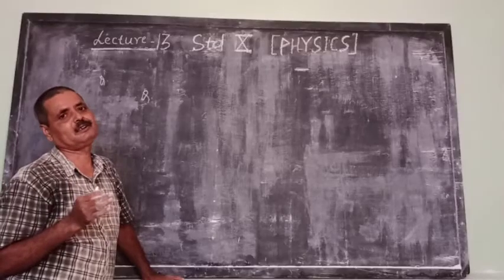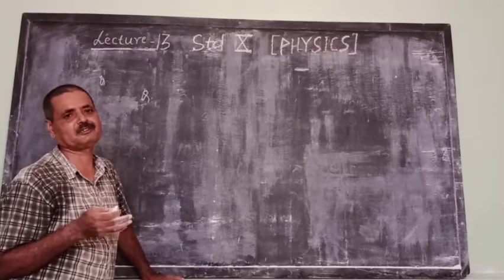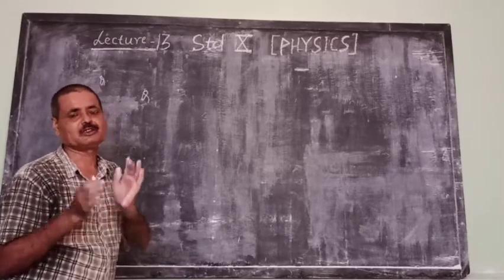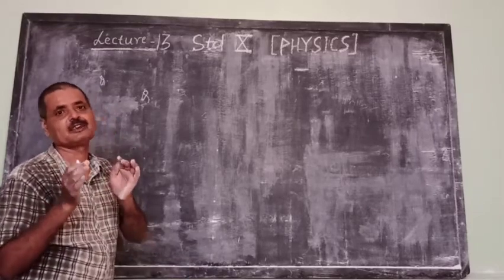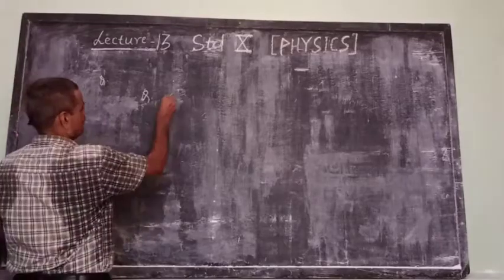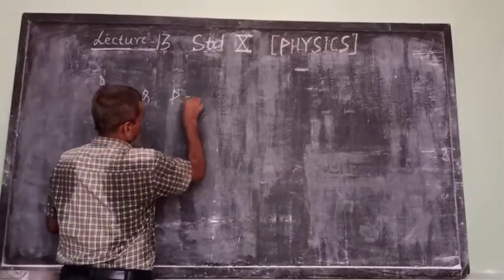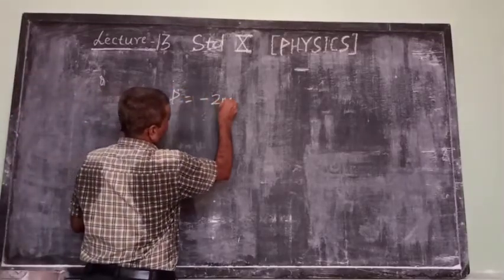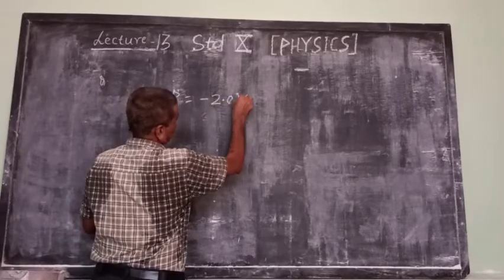To calculate the focal length of the given lens, since in this question the power of the lens is minus 2 diopter, power is minus 2.0 diopter.